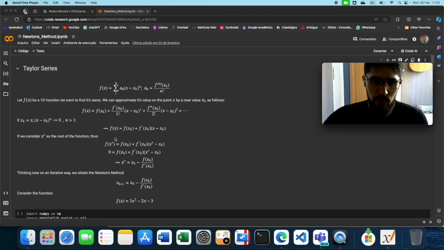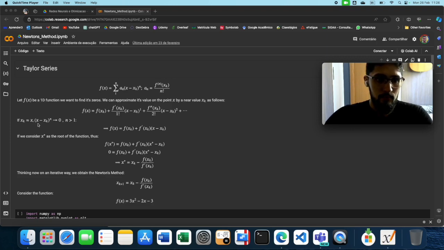Here we are using the first derivative of the function f, the second derivative, and so on, the third, the fourth, the fifth.